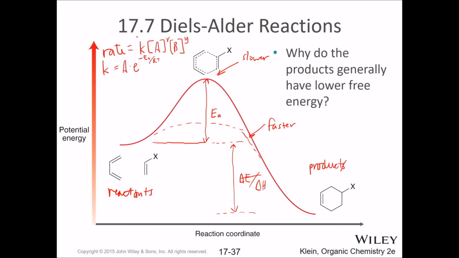There's your k right there. So as the activation energy gets smaller, k gets bigger, right? Because this is an exponent and it's negative, as Ea gets smaller, k will get bigger and the rate of the reaction will be faster.